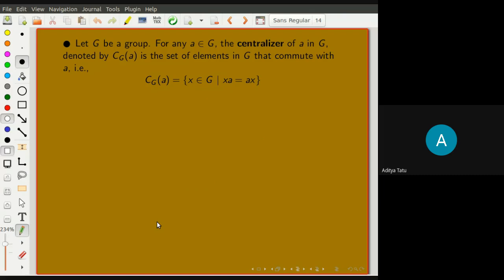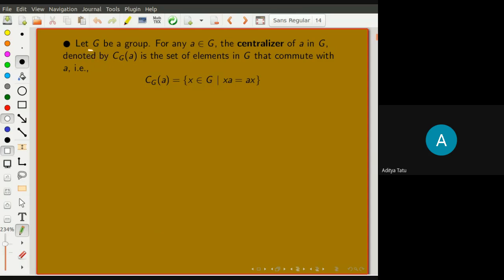Before we move on to the next main topic, there are a couple of concepts, mainly definitions, that are left. The first thing is what is called the centralizer. Let me give you the definition.